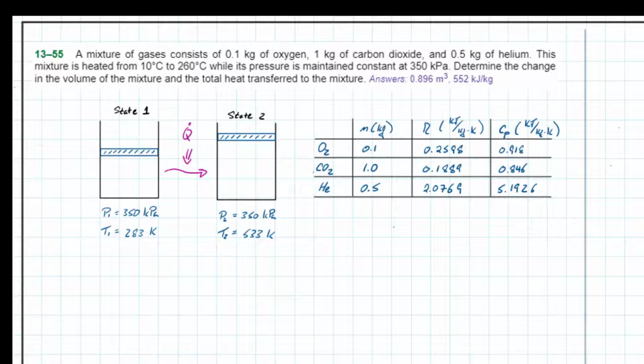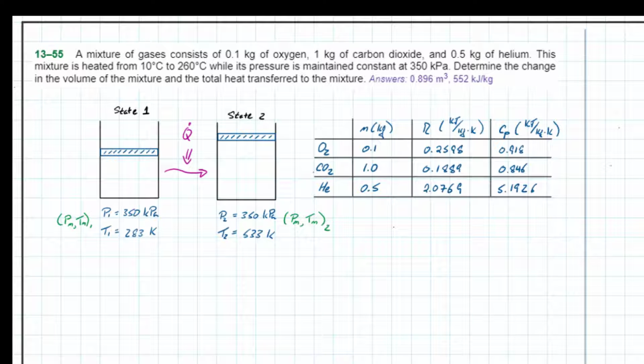So in this case, P1 and T1 both refer to the pressure of the mixture and the temperature of the mixture at state 1, and over here at state 2, these two are the pressure of the mixture and the temperature of the mixture at state 2.